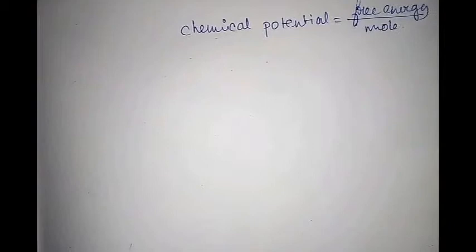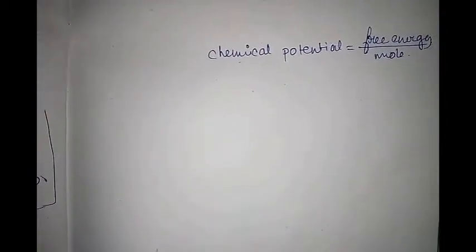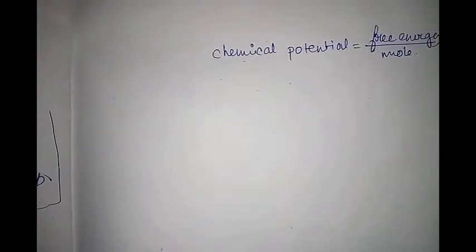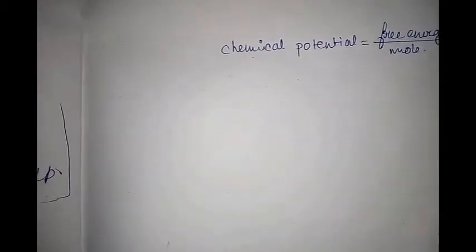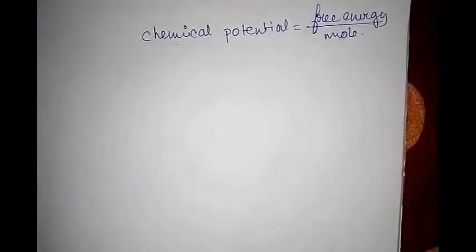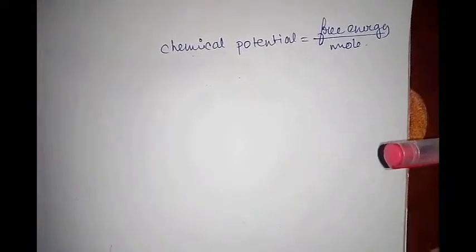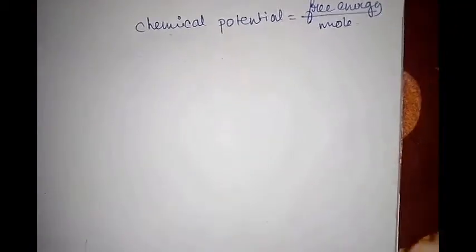Whereas in case of extensive property, if a system is divided into portions and it is found that any property of the whole is obtained by summing up the properties of all the portions. Suppose mass of a system.